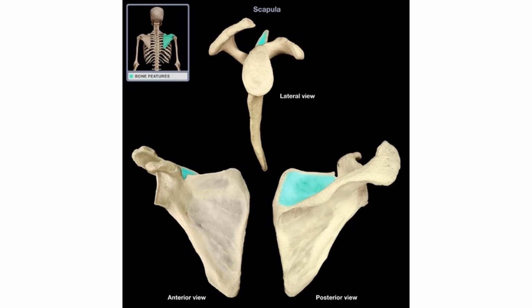This is the best view where we can see the supraspinous fossa. The other two images, the anterior one and the lateral one, show very little of the supraspinous fossa, which is a view not telling us much.